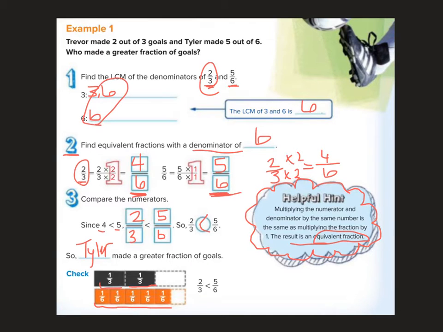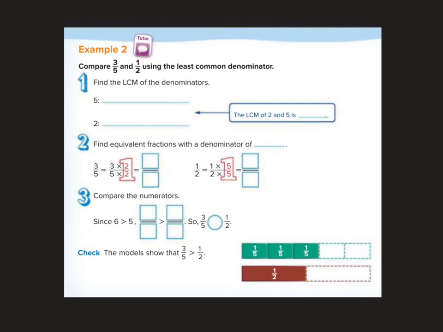Okay, so let's do another problem. Compare 3/5 and 1/2 using the least common denominator. Okay, so let's count by 5s. 5, 10. Now I know 2 goes into 10, so I'm going to list my multiples of 2. 2, 4, 6, 8, and 10.